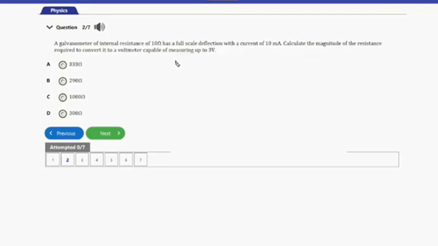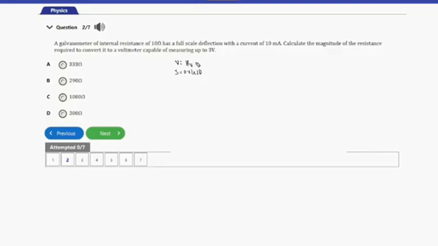V here, which is 3 volts, is equal to IR for the galvanometer. I here is 0.01 yet again, since 10 milliamps is 0.01 amp, times the resistance here, which is 10 ohms.